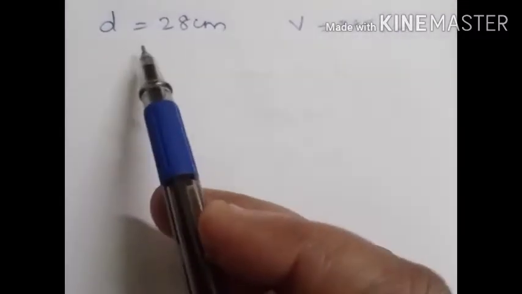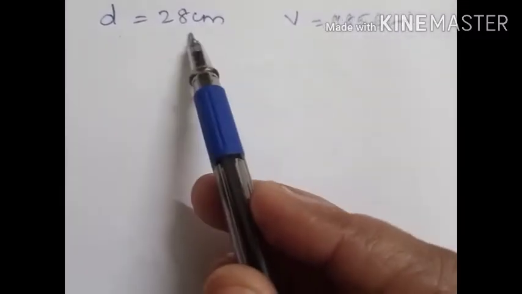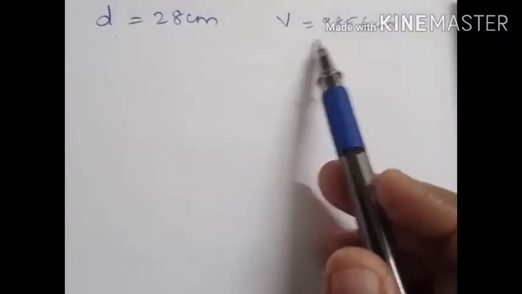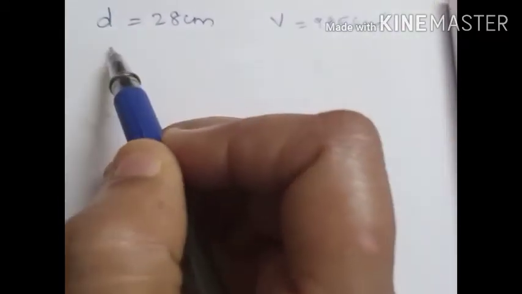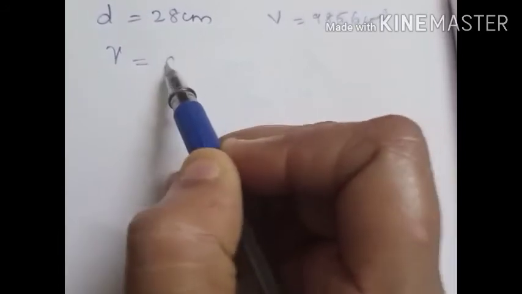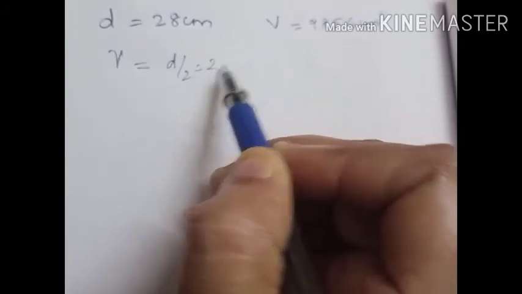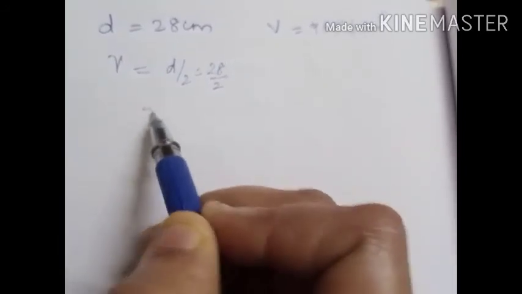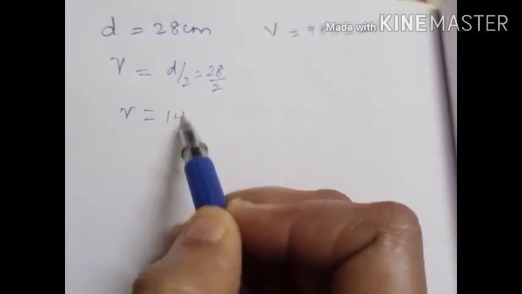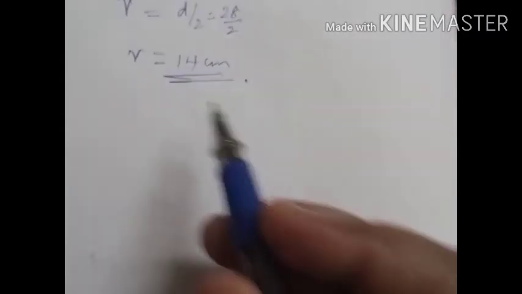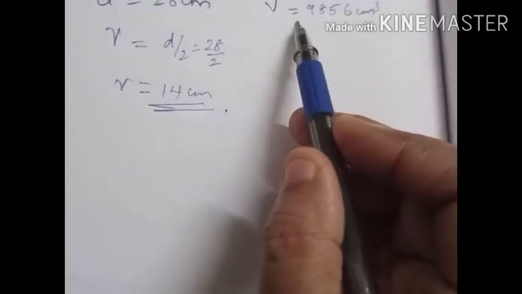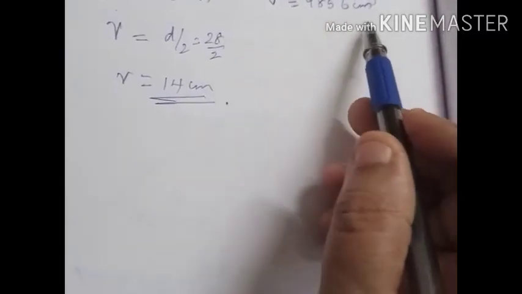In the question it is given that diameter is 28 centimeter and volume is 9856 centimeter cube. So here we have to find the radius first, that is d by 2 equals 28 by 2. So r equals 14 centimeter. Then here volume is given as 9856.